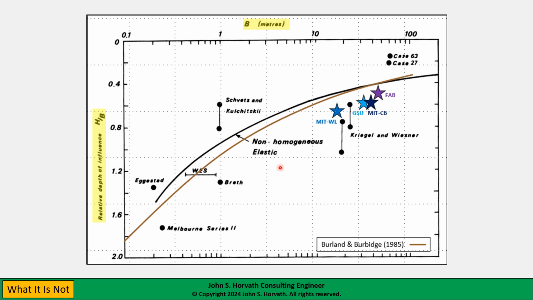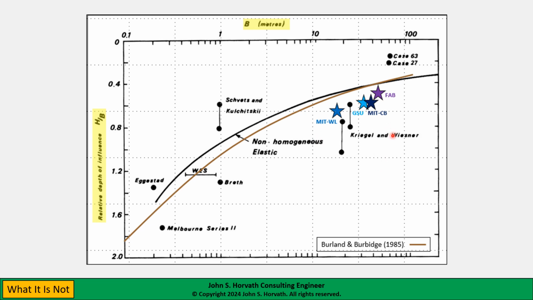The black curve is the non-homogeneous elastic result. The brown curve is an empirical result that Burland and Burbidge published back in 1985. These four colored stars are case histories that I talk about in detail in my 2020 monograph.